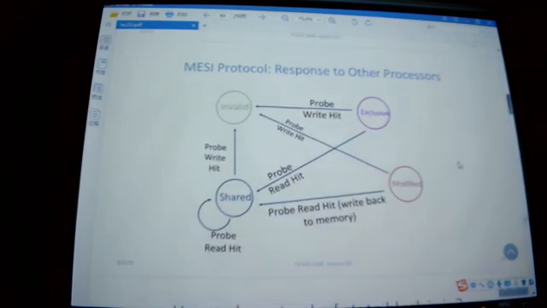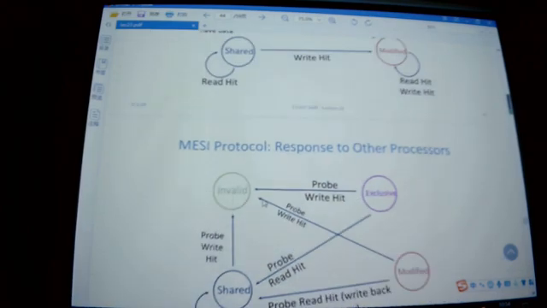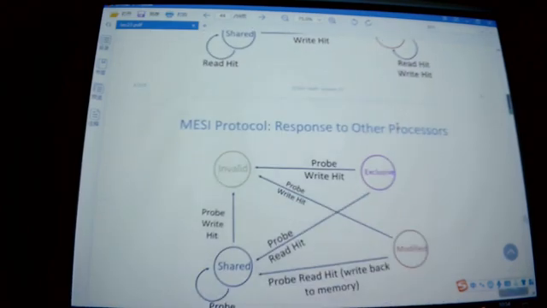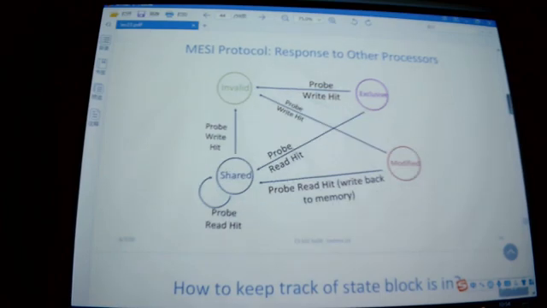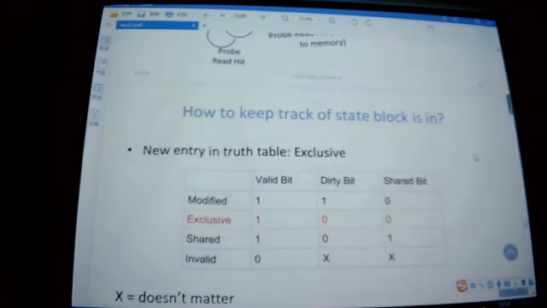Okay, MESI also has responses to other processors. If another processor makes a request and this condition is obeyed, exclusive can become shared. You can see this one becomes modified, this one becomes shared. This state transition, the state change, isn't unsafe.